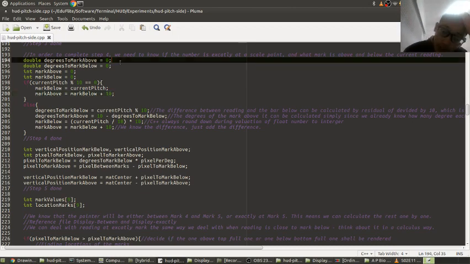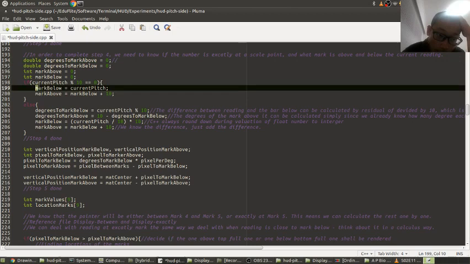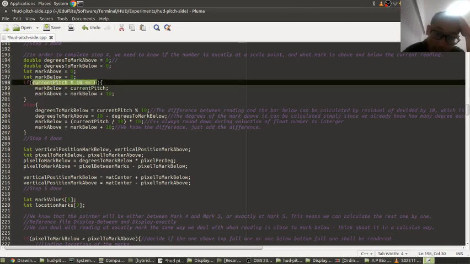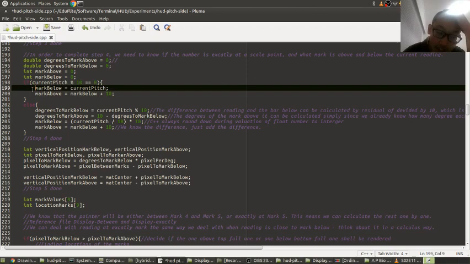So this degrees to mark above, we set it according to here. If the current reading is directly divisible by 10, we know that it is exactly at a mark.